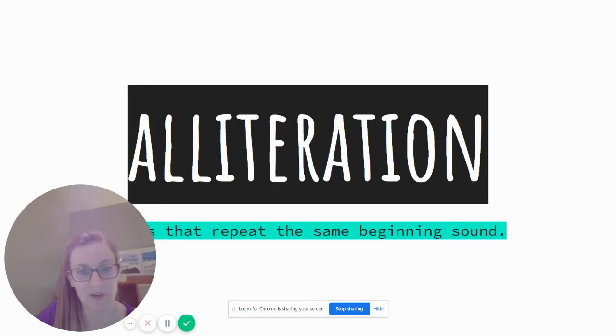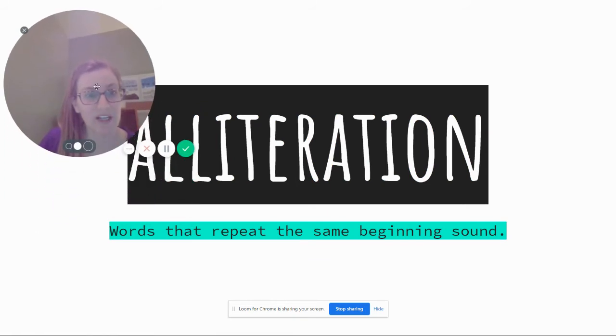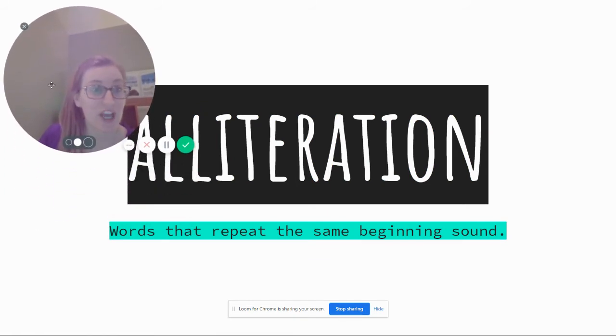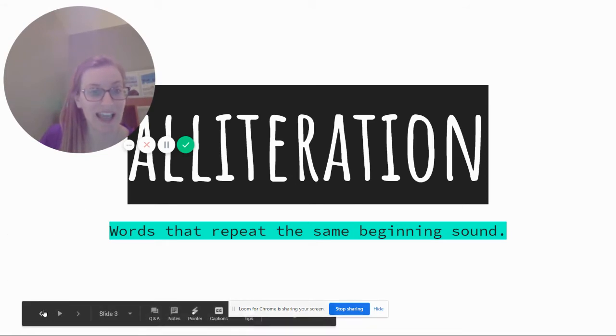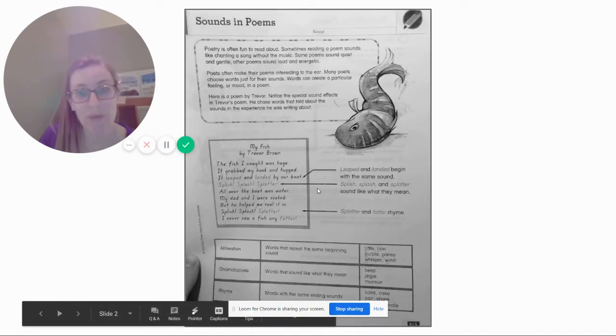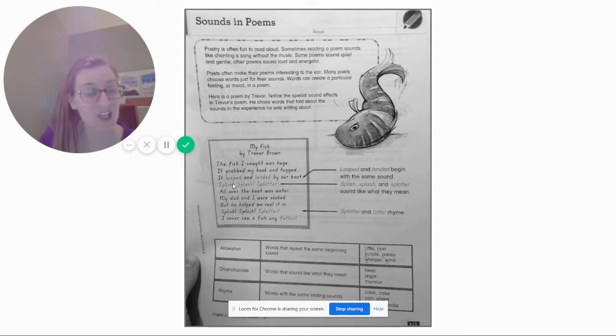All right, so the first one is going to be alliteration. Alliteration is words that repeat the same beginning sound. So if we were looking at this poem, we would look for the words, one right after the other, that begin with the same sound.